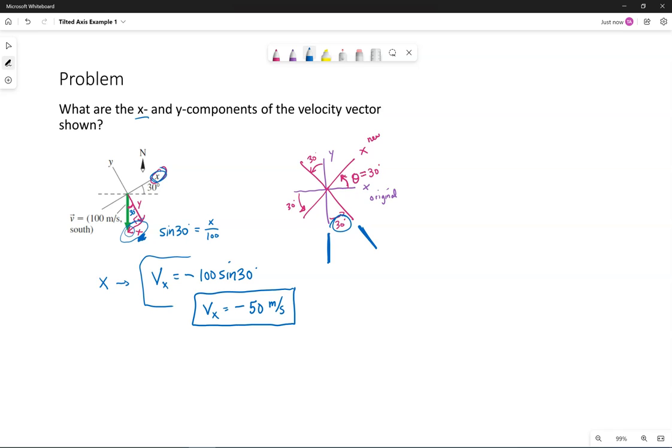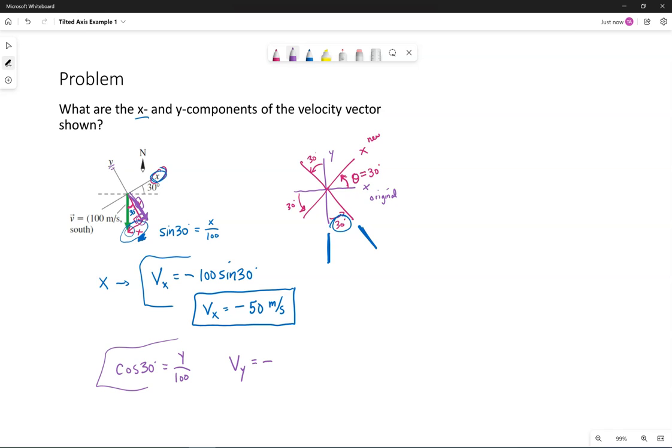For the y component, this side, we are adjacent to that angle, so we can say the cosine of 30 degrees is y over 100. The y component of this velocity, the direction, we're pointing this way, away from how they've labeled y, that makes this component the negative direction in this new coordinate system.